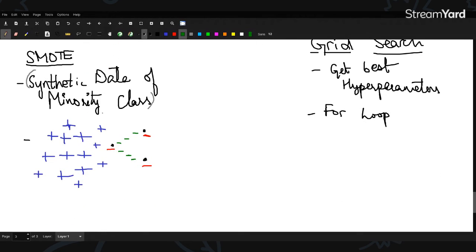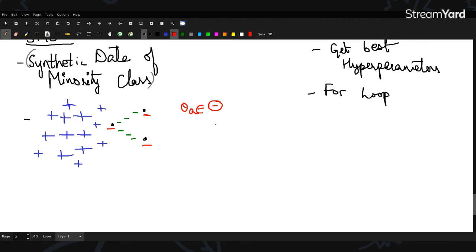So let's say pluses are more than minuses, where the minuses are the minority class. What SMOTE does is, if a point theta A belongs to the minority class, it takes all the other points and gets some nearest neighbors. It uses a k-nearest neighbors model and gets something like A1, A2, up to Ak.